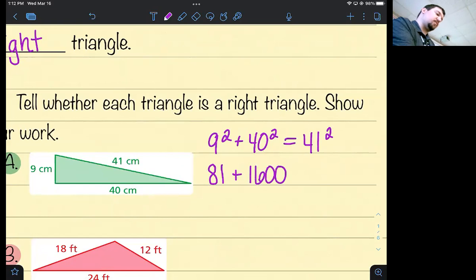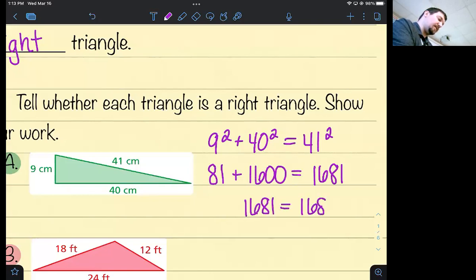Oliver, what's 41 squared? So if I add 81 and 1600, I get 1,681 equals 1,681. Is this a right triangle? It absolutely is.